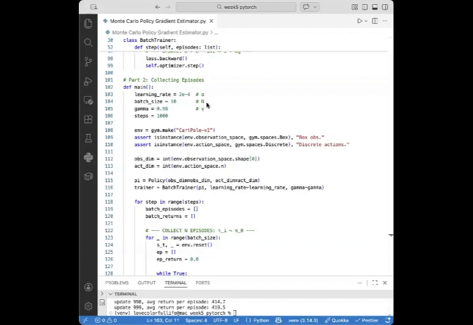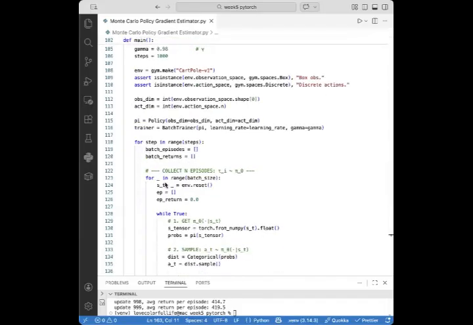We collect n episodes per update. Gamma is the discount factor. And we can also say there are 2 for loops. The outer loop is training steps. The inner loop collects n episodes. Each episode is one pass from reset to done.